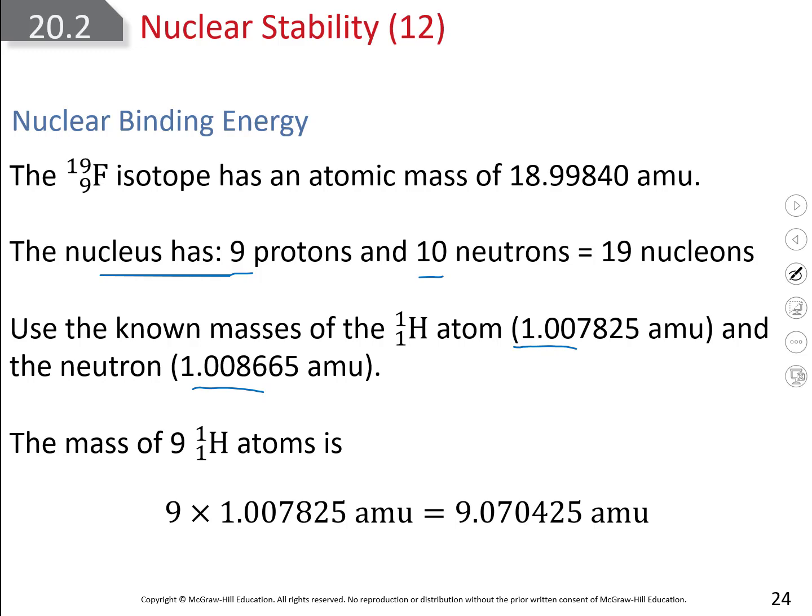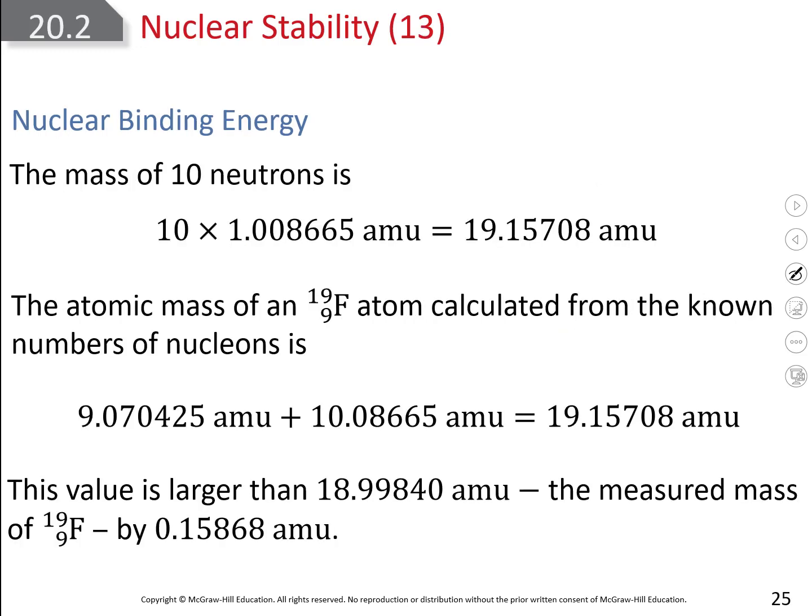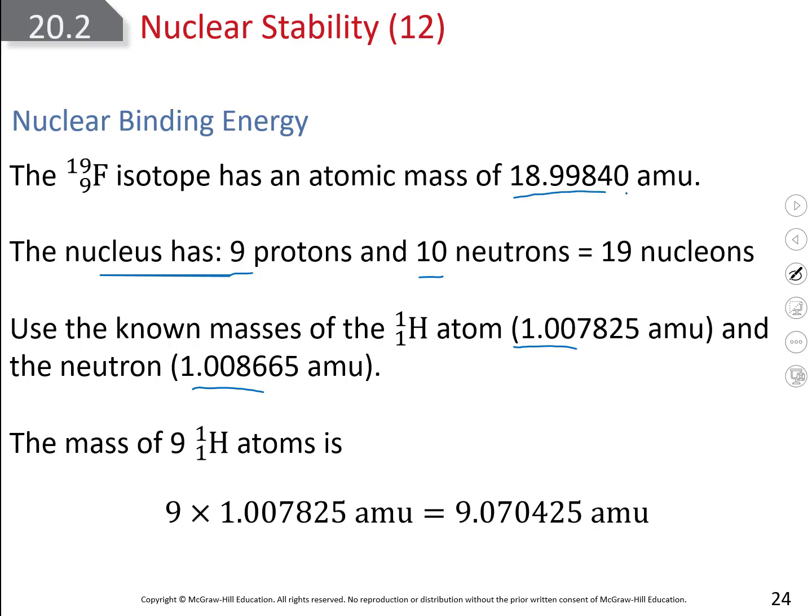And when I do this, I come up with a total of 19.15708 atomic mass units.